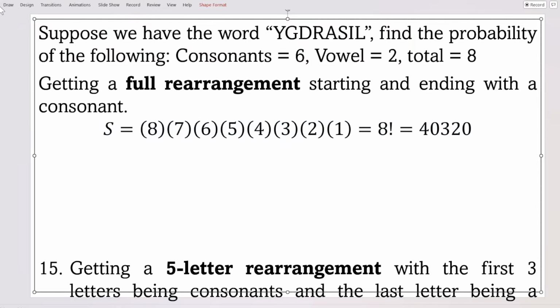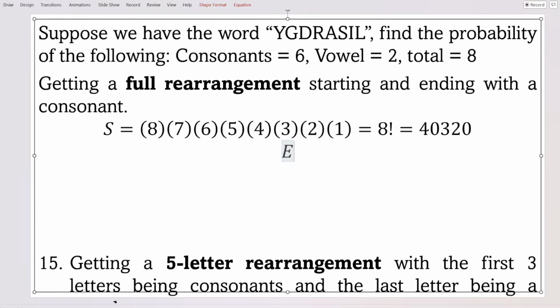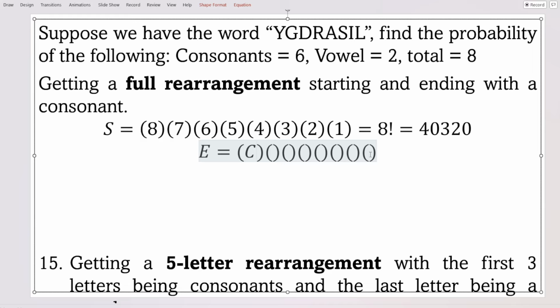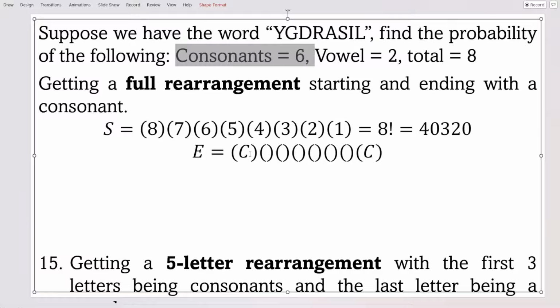Now for the event that we want, this is also 8 letters. But what we want is that it starts and ends with a consonant. So it starts with a consonant, it ends with a consonant. How many consonants do we have? We have 6 consonants. So for the first letter, I have 6 choices. For the last letter, I only have 5 choices because I used one choice. How many letters have we used?